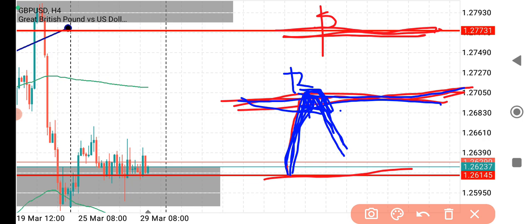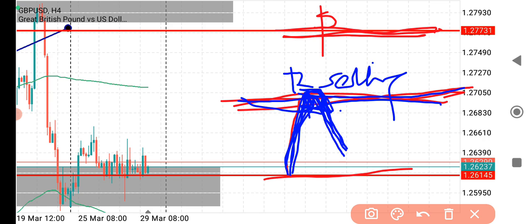Because a level can only become a resistance where there are selling orders. There must be selling orders at a level of resistance to prove it as a resistance, because it is the selling orders that will be able to bring the price down.